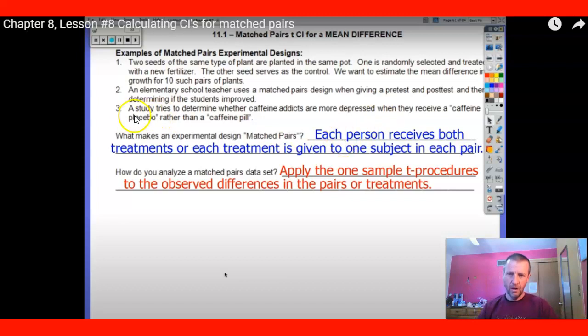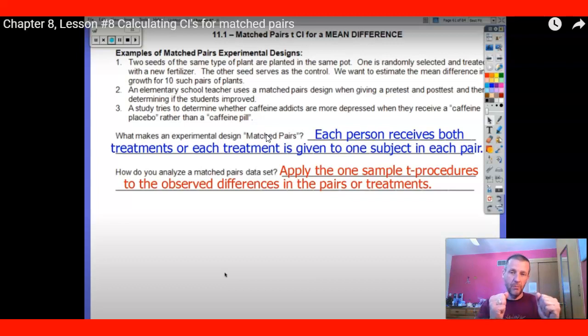Another one, and we're going to talk through this example in just a minute, is caffeine addicts. If they get real caffeine or if they get a caffeine placebo, we have to compare this person with the placebo or this person with the actual caffeine. We can't compare one person with actual caffeine and a different person with a placebo because they might react differently.